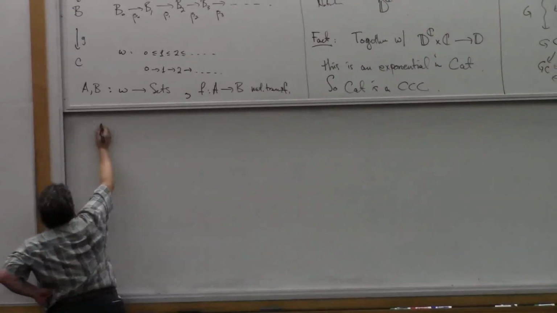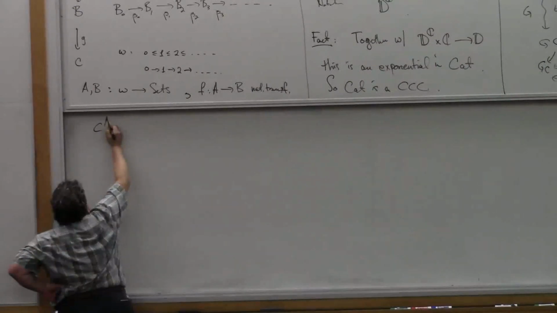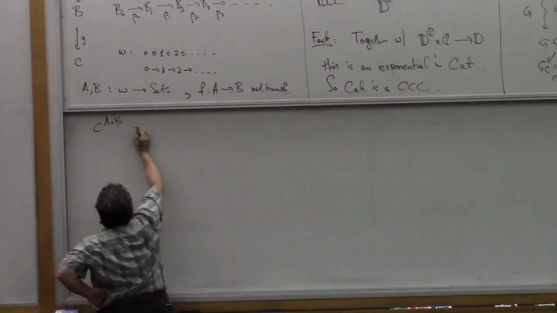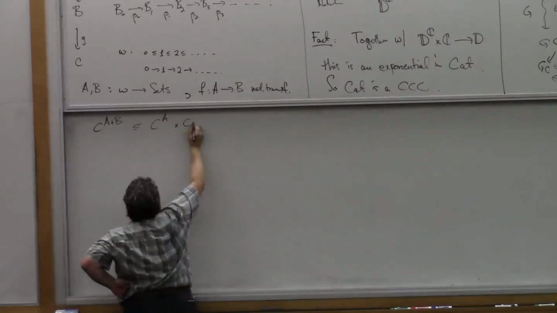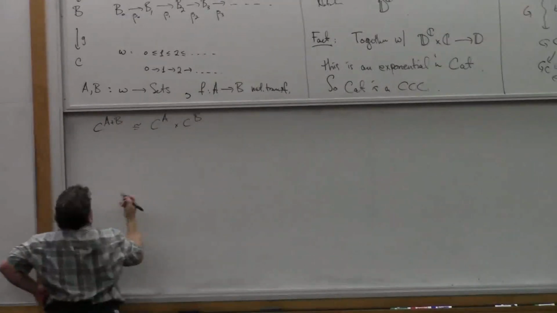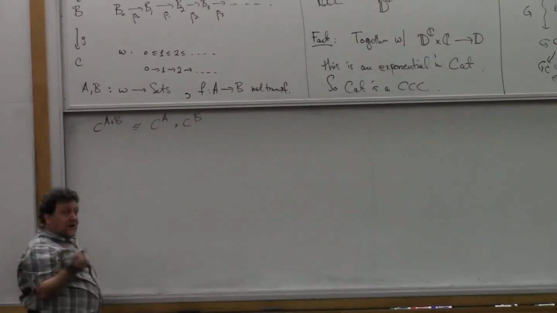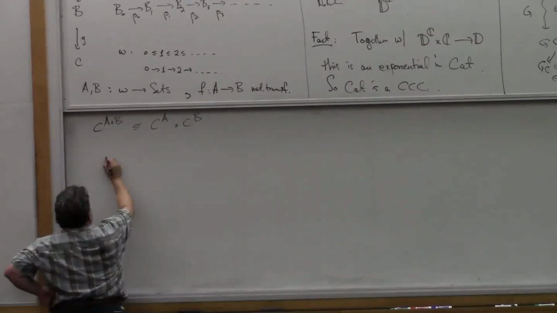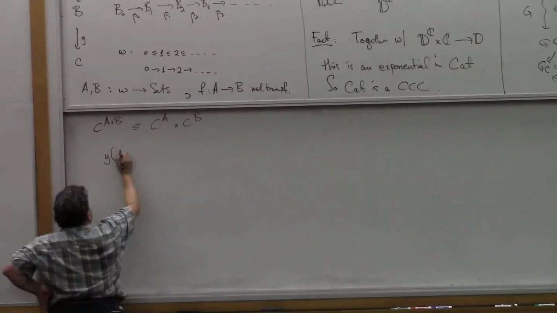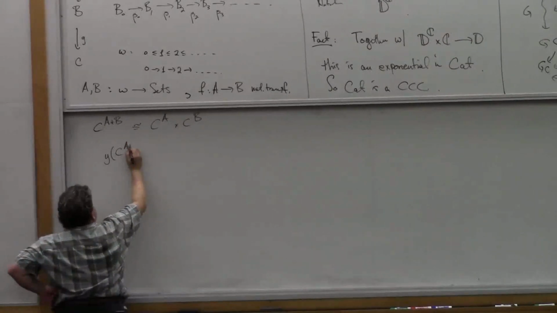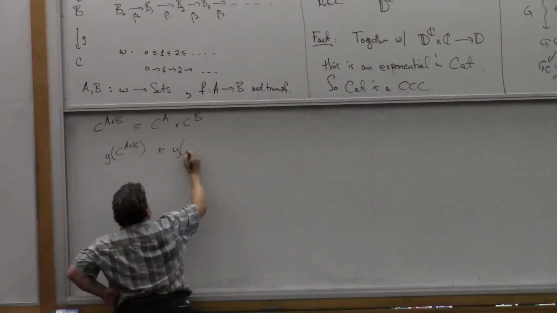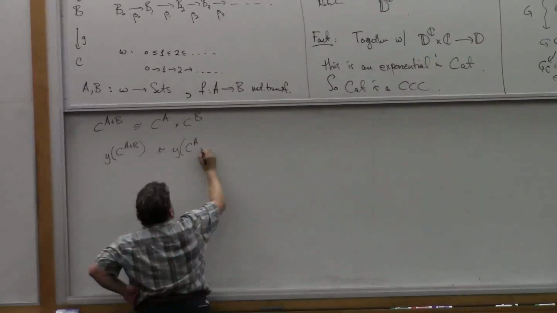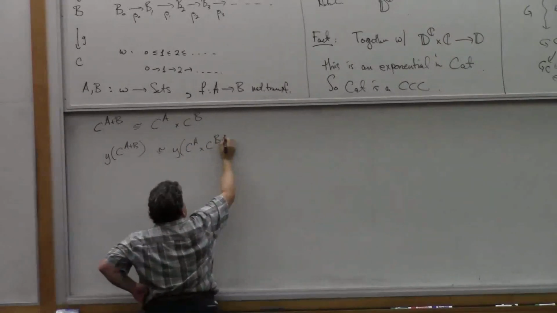So I want to show that c to the a plus b is isomorphic to c to the a cross c to the b. But of course, I'll use the Yoneda principle now, and I'll show instead that y of c to the a plus b is isomorphic to y of c to the a cross c to the b.